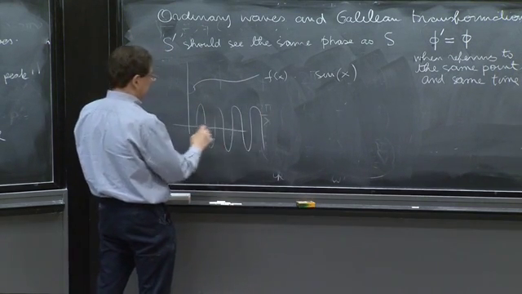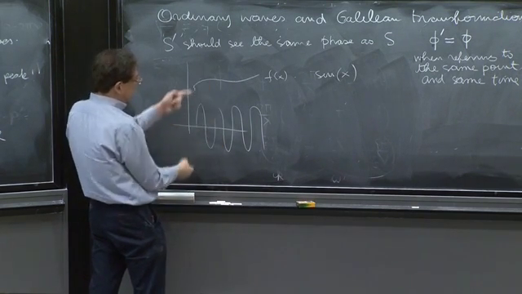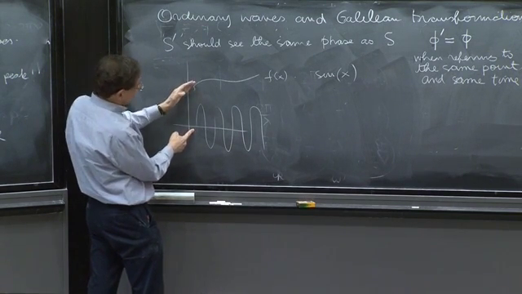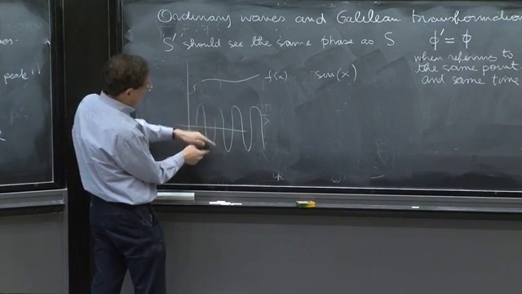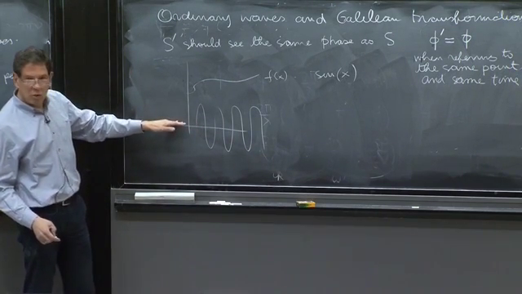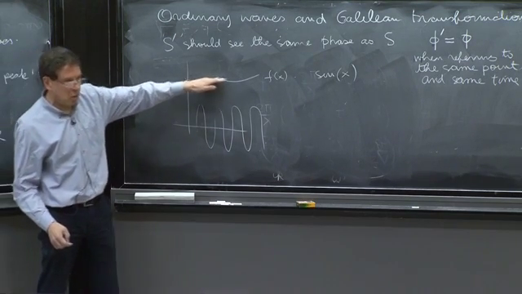Sine is half the times positive, half the times negative. If you multiply these two functions, you're going to get a function that is half the time positive and half the time negative. In fact, the integral will contribute almost nothing if this function is slowly varying.